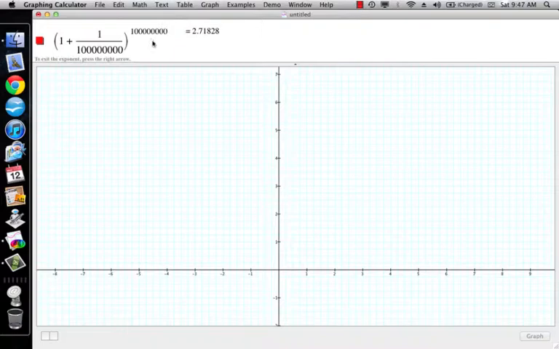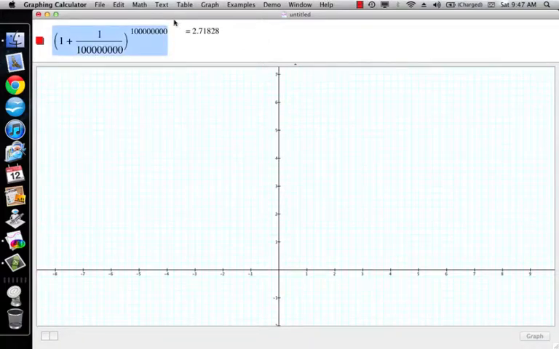So basically, e is the number that you get when you do 1 plus 1 over infinity, raised to the infinite power. So that's one definition of e.